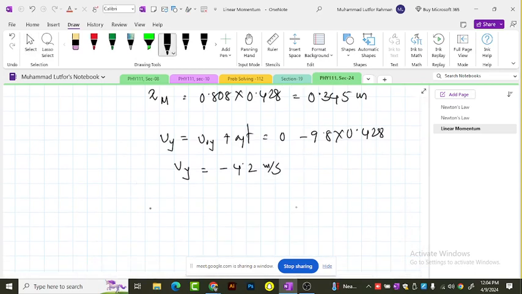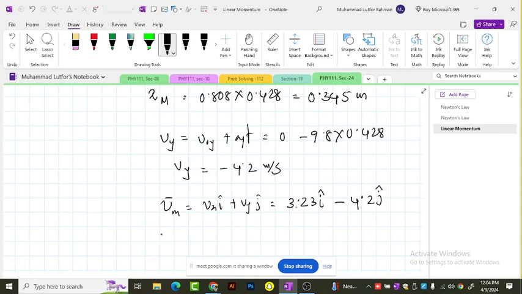Now the total velocity for the smaller mass, if I write, it should be v_x i hat plus v_y j hat. v_x for the smaller mass was 3.23 i hat minus 4.2 j hat.